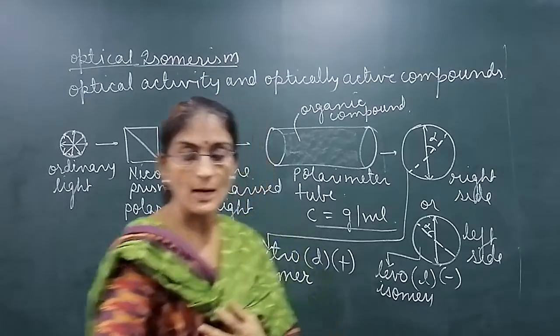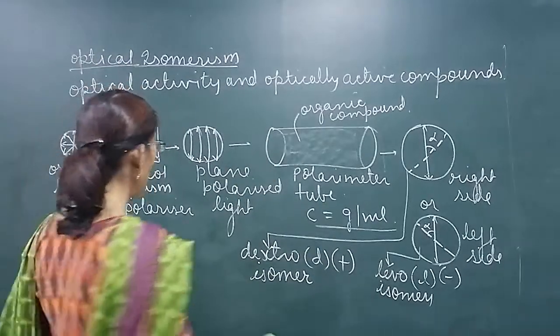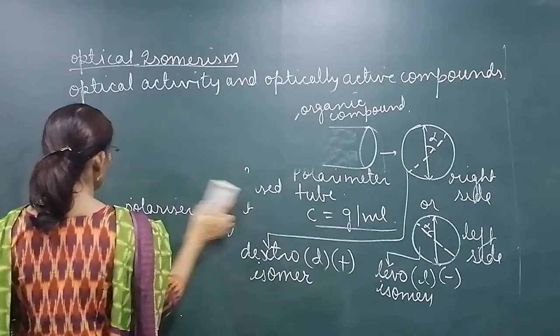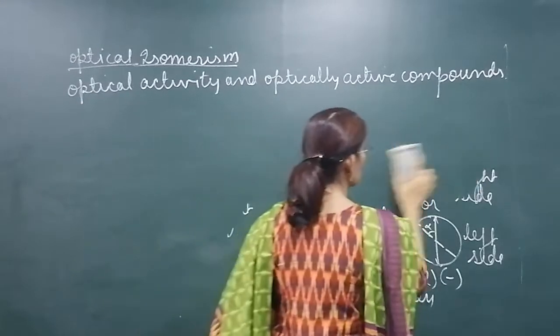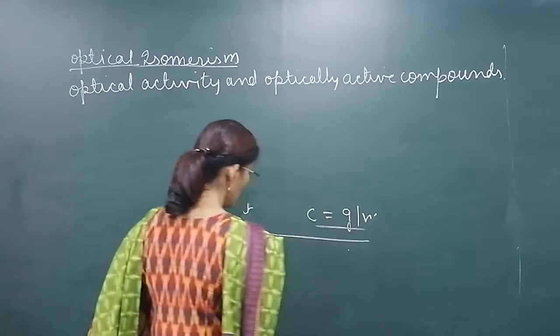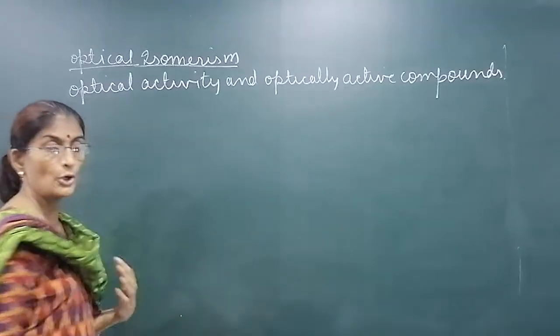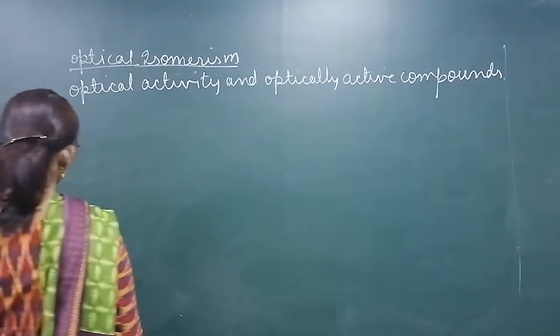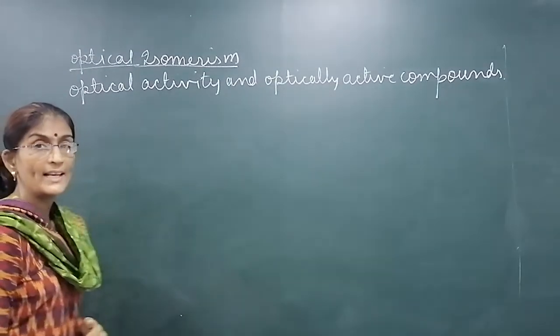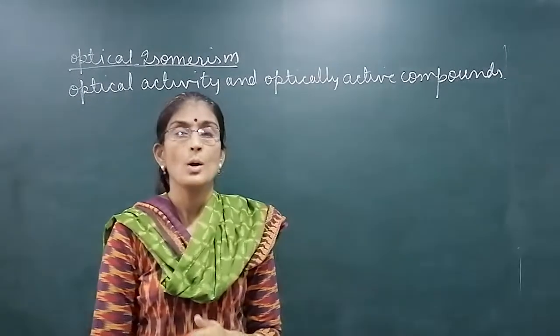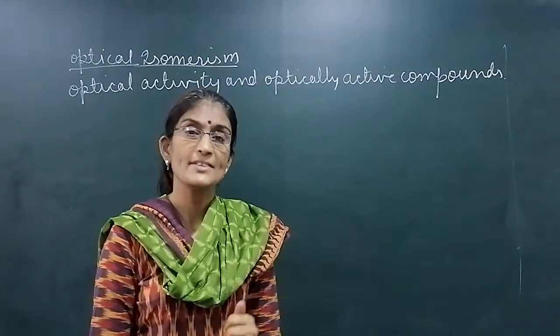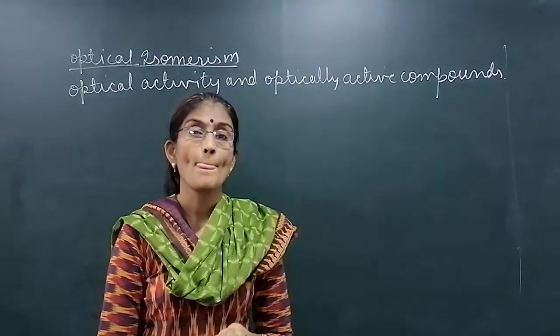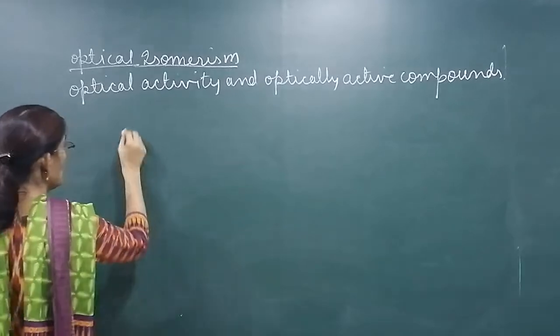Clear? Now what is the relation between this dextro and levo? The two isomers dextro and levo are non-superimposable mirror images of each other. Before studying that, we should know why some compounds show optical activity and others not. Suppose I am writing here two compounds.